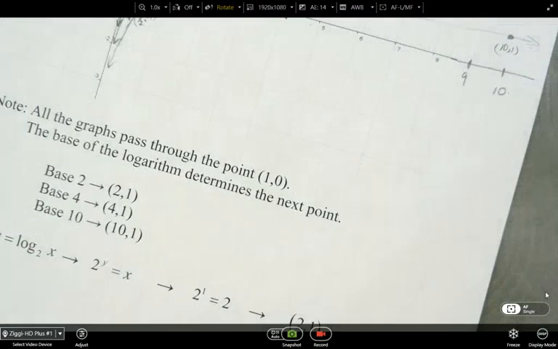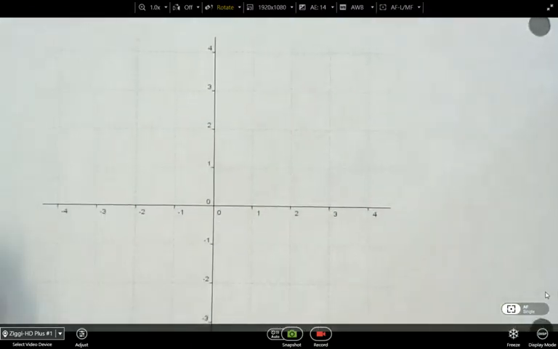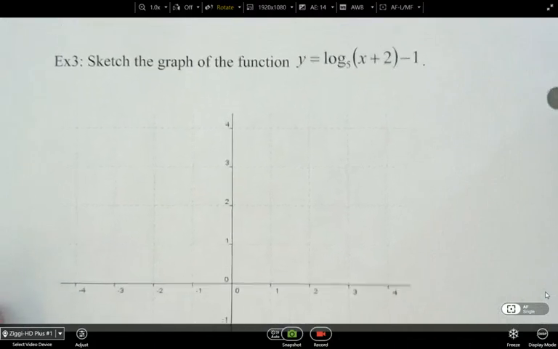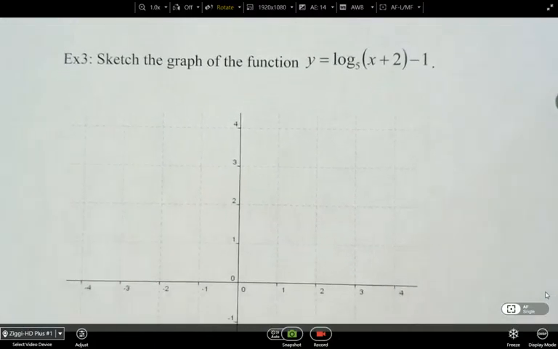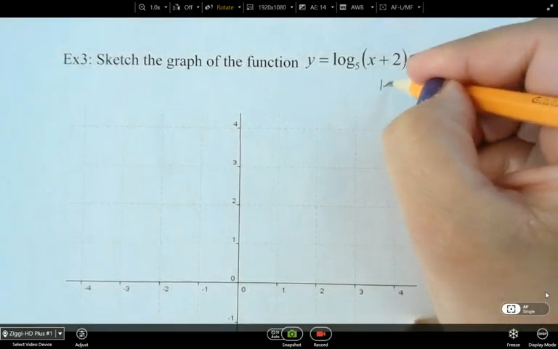Okay, now next one says, sketch the graph of the function y equals log base 5 of (x plus 2), and then minus 1. Well, yeah, exactly. Left 2, down 1. So this is a trip back to what chapter?